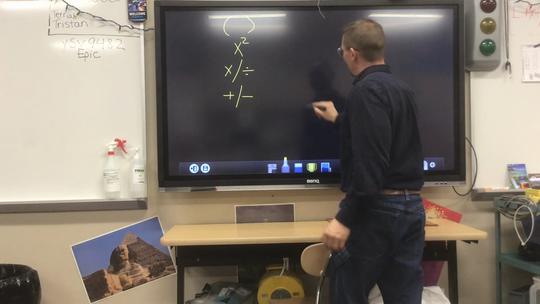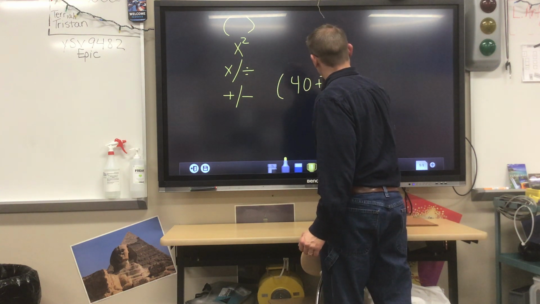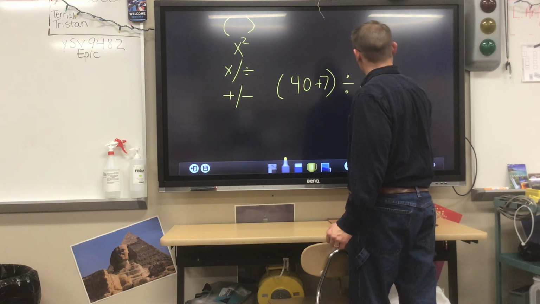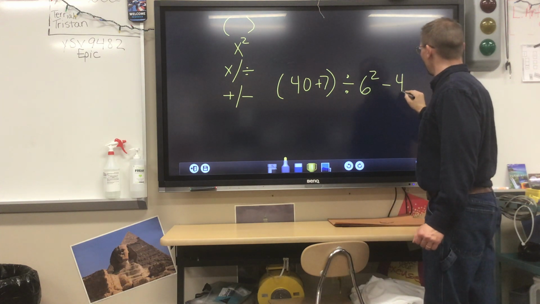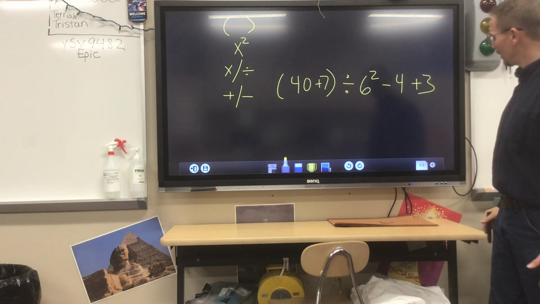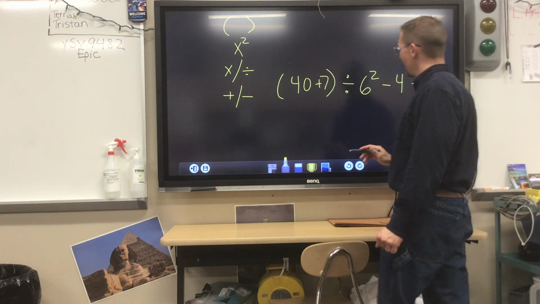So if you have a problem that's something like this, 40 plus 7 divided by 6 to the 2nd minus 4 plus 3. All right, so we got this going. Let's see, that's actually not going to work out too well.